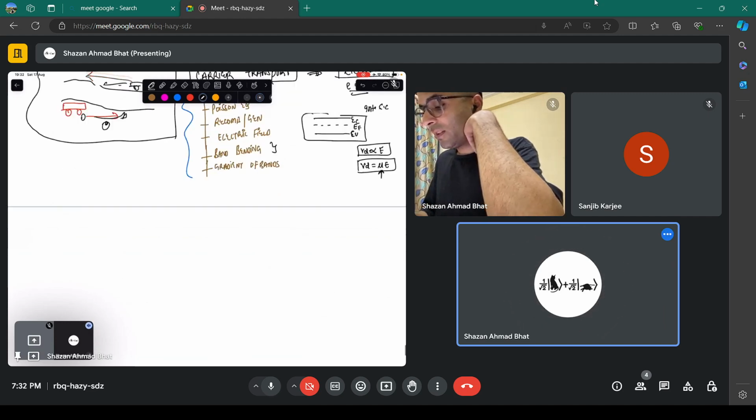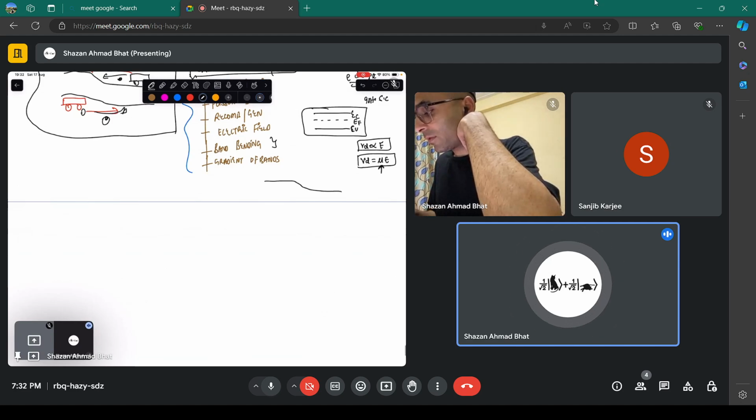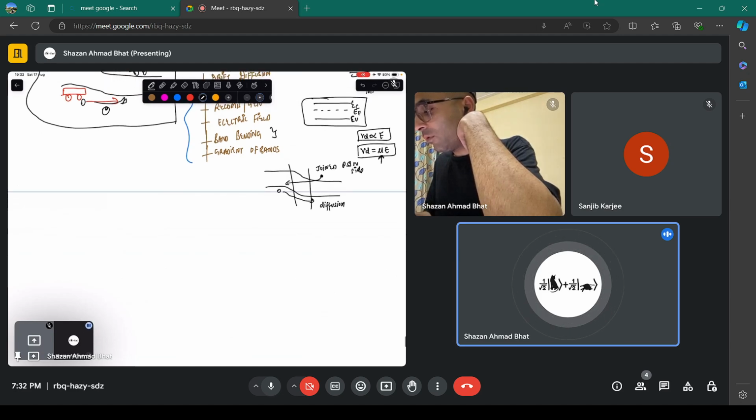What is the diffusion? Just like in a PN diode, PN junction, I showed you that when you just join the P and N sides, the electrons go from this side to this side and holes go from this side to this side purely by a diffusion mechanism, because you have more electrons on this side and the Fermi level is higher here.